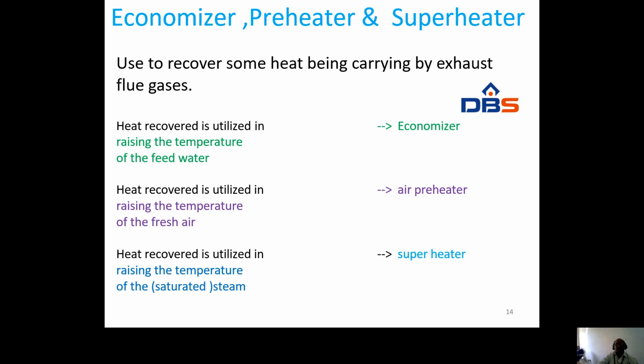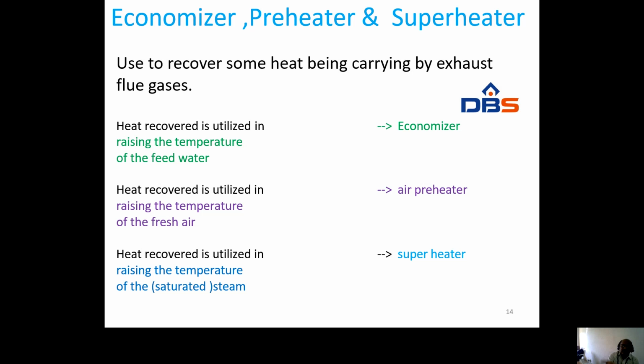How? In the exhaust gases there is some heat. That heat we recover to raise the temperature of the feed water. Generally, we send fresh water to the boiler, and the temperature of the water we can raise using exhaust gases.